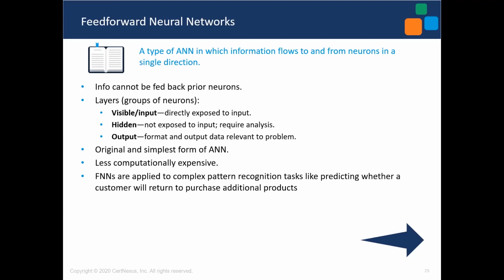Again, the original and simplest form of an artificial neural network, or ANN, is this feed-forward neural network. It's less computationally expensive. And one of the things I neglected to say up front is that what we're bound by today with artificial intelligence is computing power, right? As we move towards quantum computing, that may release some of the constraints we have from a computational perspective on what we can actually do.